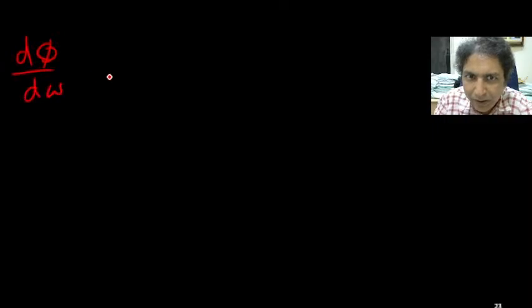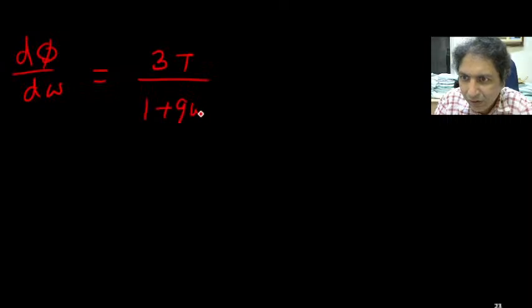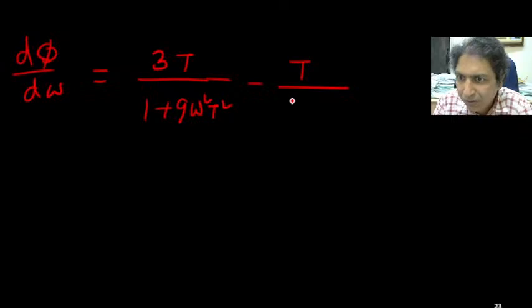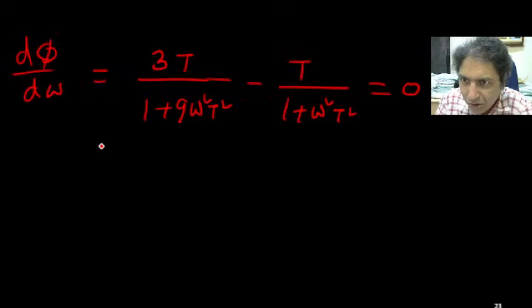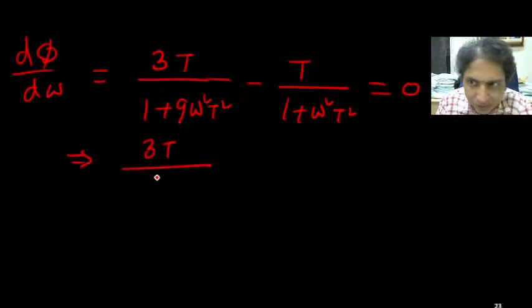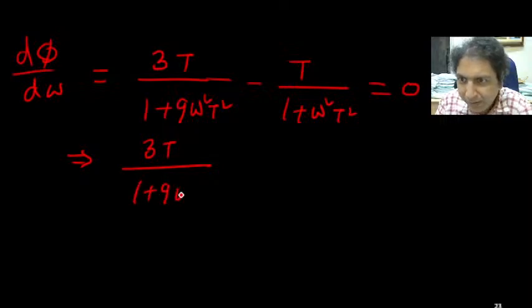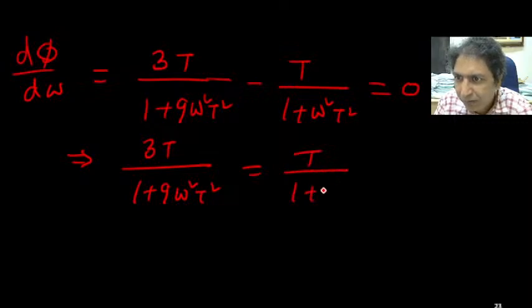The total d phi by d omega is 3T upon (1 plus 9 omega square T square) minus T upon (1 plus omega square T square), and that should be equal to 0. So 3T times (1 plus omega square T square) equals T times (1 plus 9 omega square T square). T will cancel out.